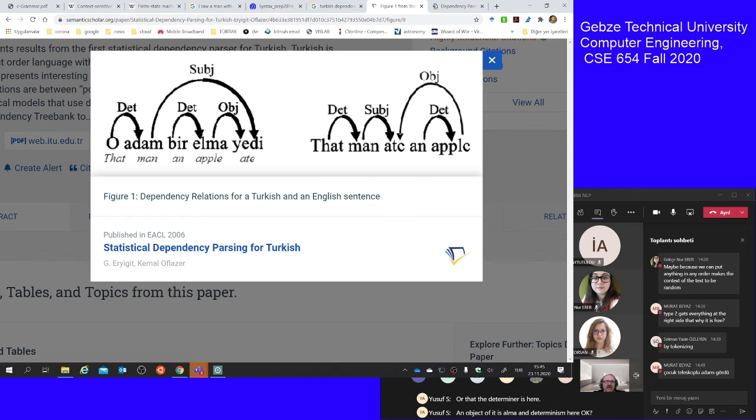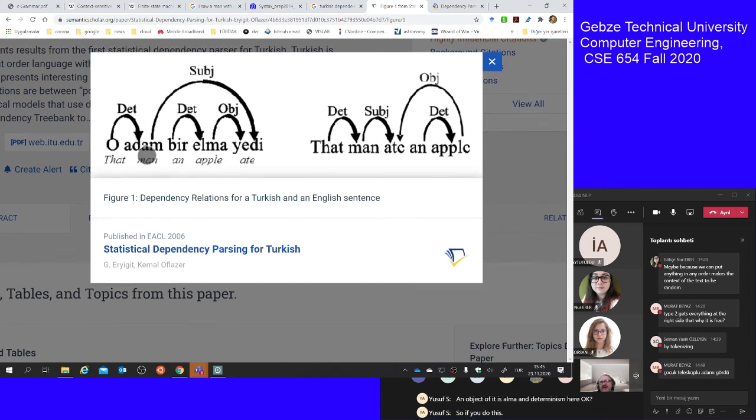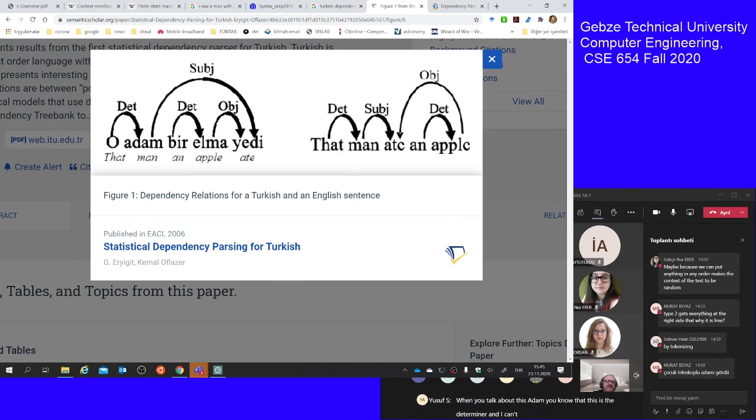So if you do machine translation, when you talk about this adam, you know that this is the determiner, and I can do the same relationship when I do the translation. Of course, the word order changes. I have to do something else for the word order.